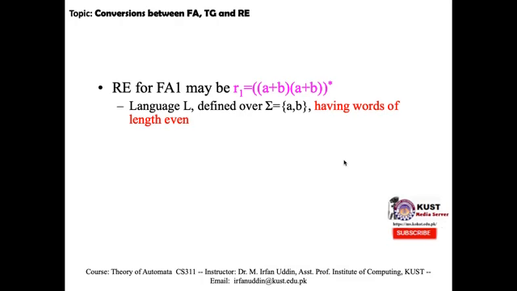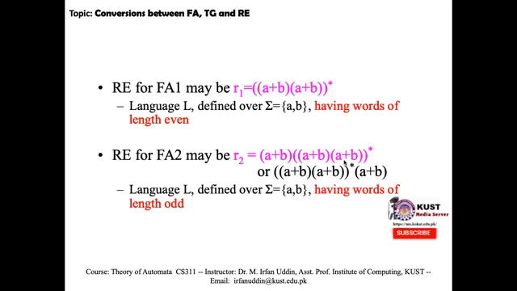So the regular expression of FA1 may be (a+b)(a+b) whole star, that is language L defined over sigma {a,b}, having words of even length. And the regular expression for FA2 may be R2 equal to (a+b)((a+b)(a+b)) whole star, the language L defined over sigma {a,b}, having words of odd length.